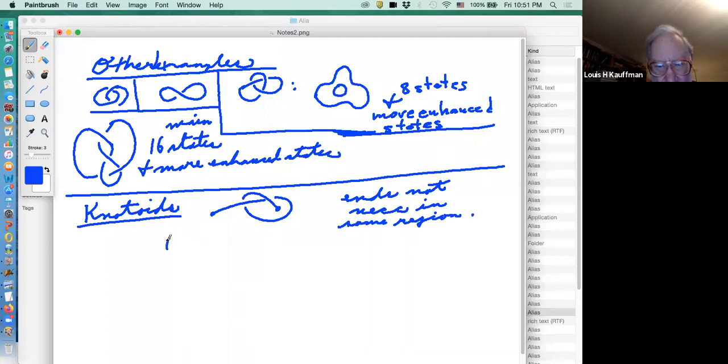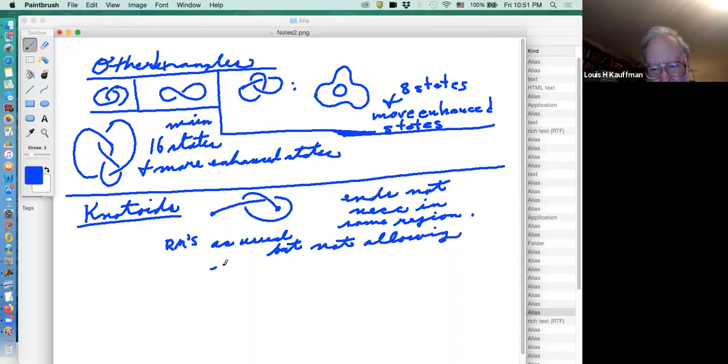And you do Reidemeister moves as usual, but not allowing passage across an end.